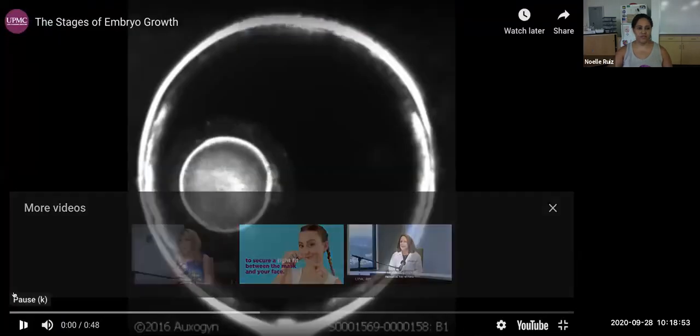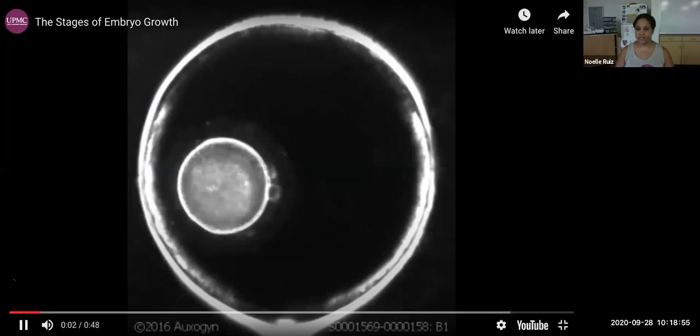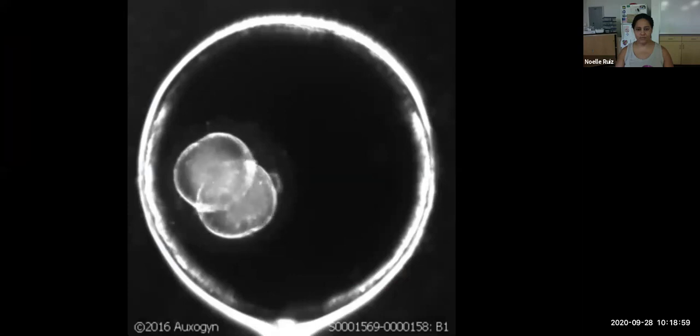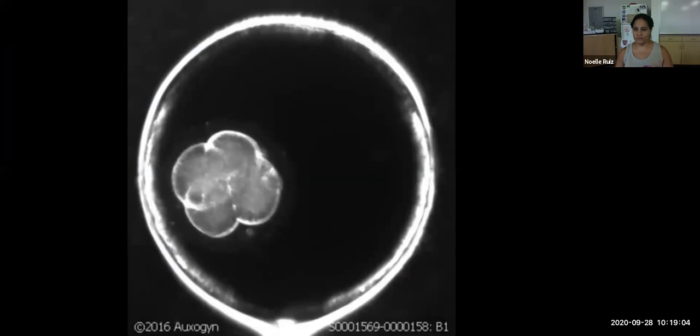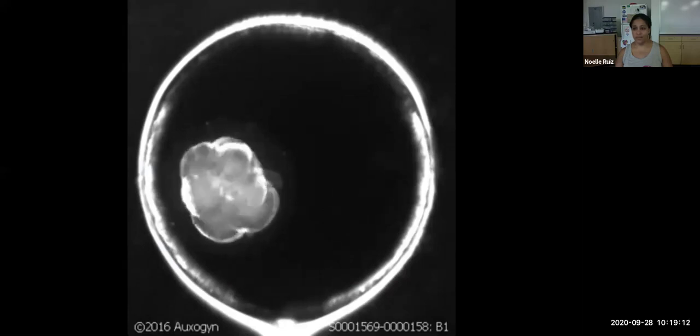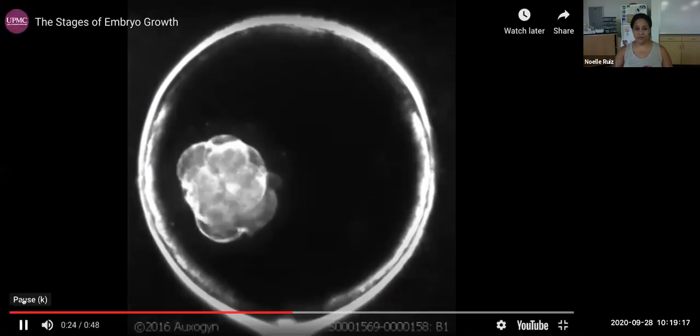It's only 48 seconds, but you can see the actual zygote splitting into two, and then into four, and then into eight, and that just keeps happening until the actual embryo forms.